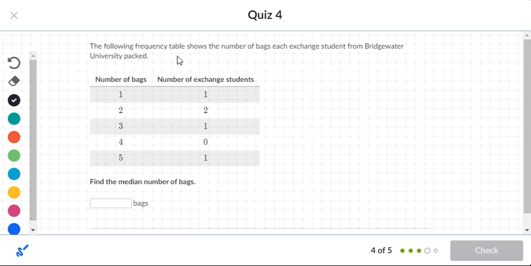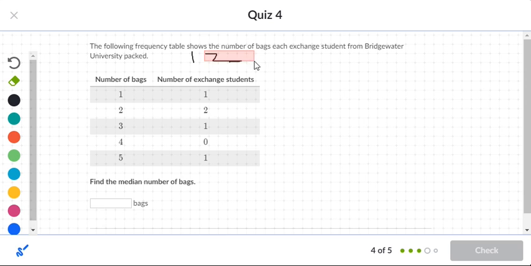Next question. The following frequency table shows the number of bags each of the exchange students from Bridgewater University packed. These are the number of bags here, and this is how many times they were packed. So we have 1 one, we have 2 twos.